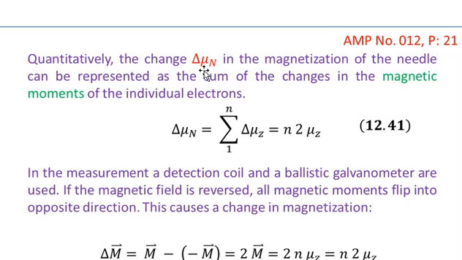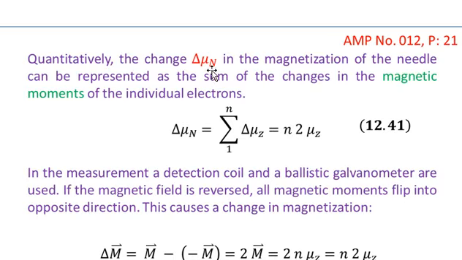Quantitatively, the change delta mu n in the magnetization of the needle can be represented as the sum of changes in the magnetic moments of the individual electrons. This delta mu n is actually related with the magnetic moment of the whole sample. So delta means change in magnetic moment of the whole sample.